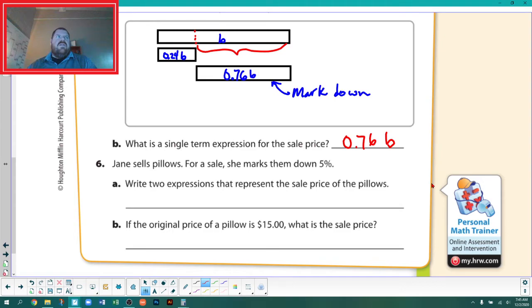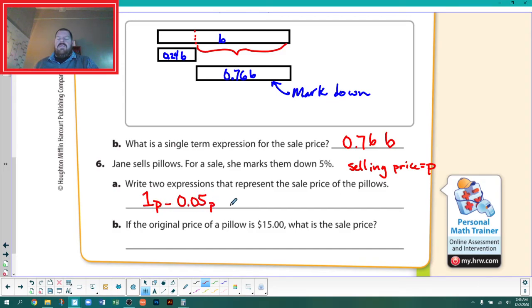Let's say that she typically sells them for price P. So let's just put a note in here that her original selling price is P. So the two expressions, if she marks it down 5%, it would be 1p minus 5% as a number, 0.05p.